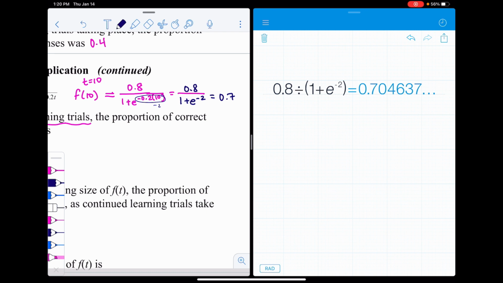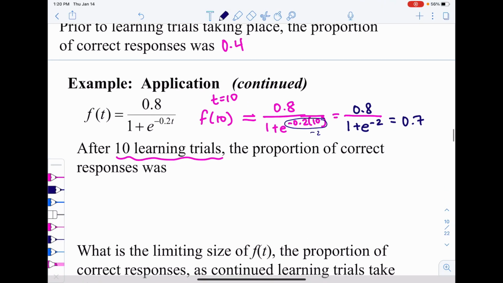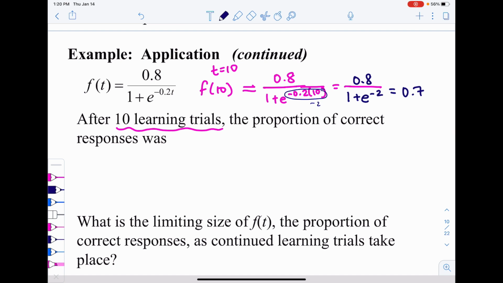So when we had 0 trials, we were at 0.4, and now after 10 trials, we're at 0.7. So after 10 learning trials, the proportion of correct responses was 0.7.